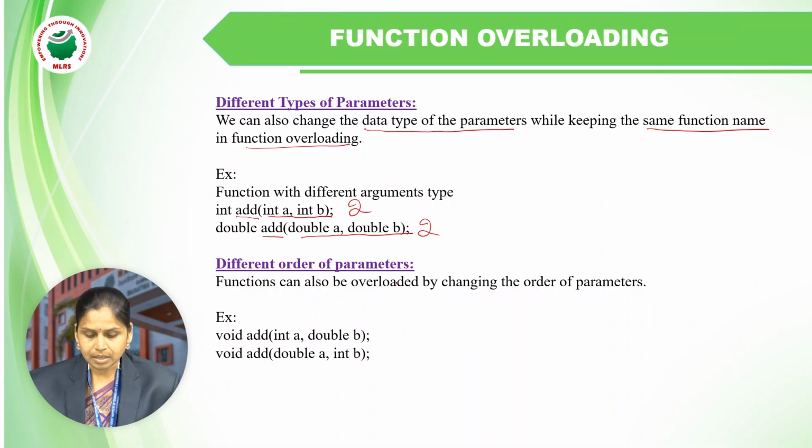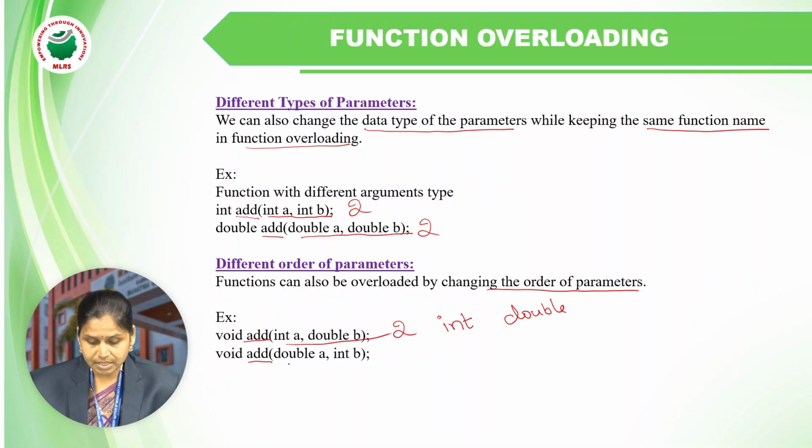And the third one is different order of the parameters. Functions can also be overloaded by changing the order of the parameters. Let us consider this example. Here I am using the function add, the same function name, but the first function contains 2 parameters, and the order is first integer, second double.